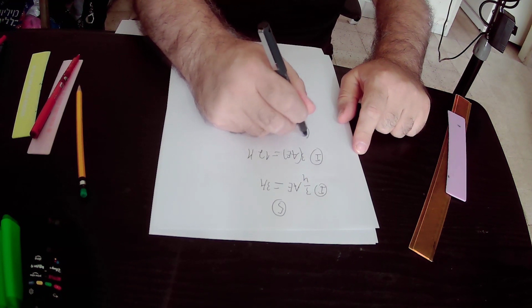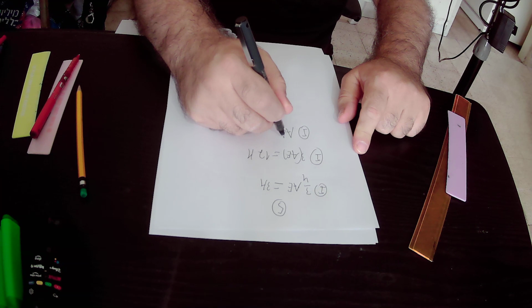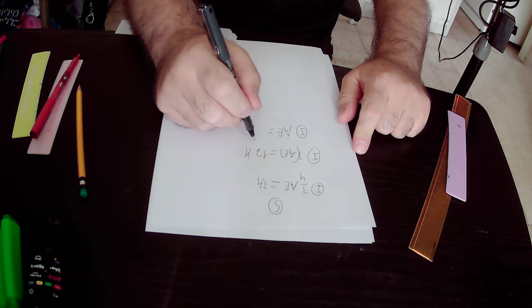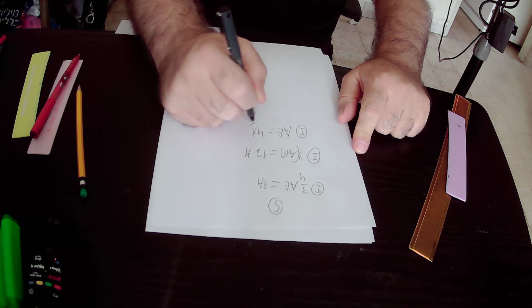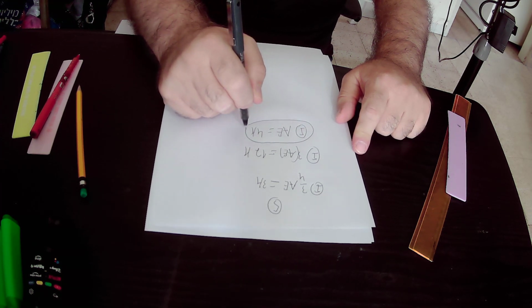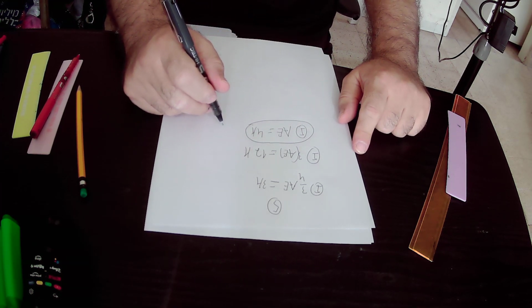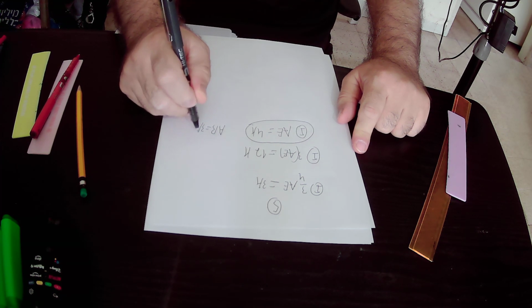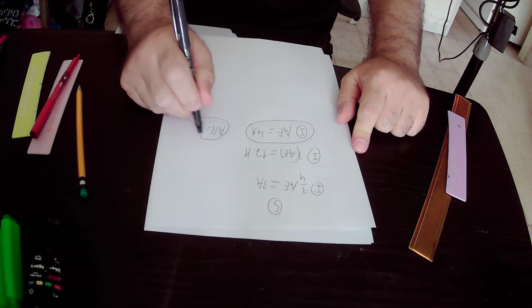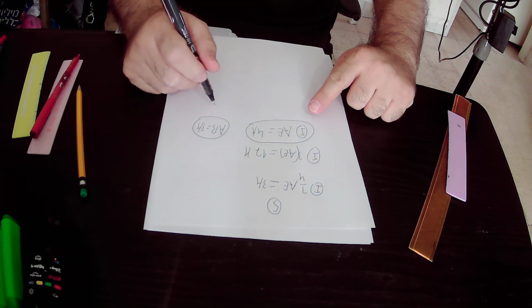We will get that the value of AE is 12 over 3, which is 4, so AE equals 4K. So we found out that if AB equals 3K, then AE will be equal to 4K.